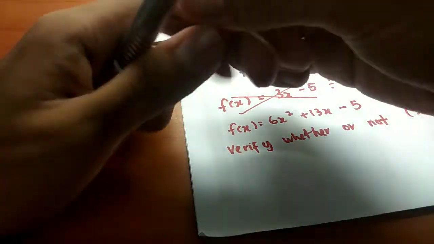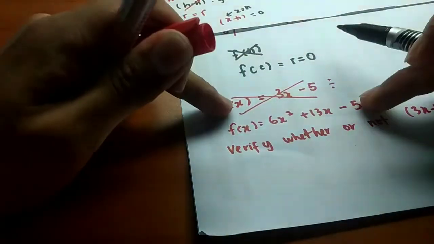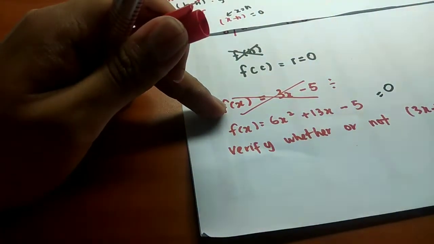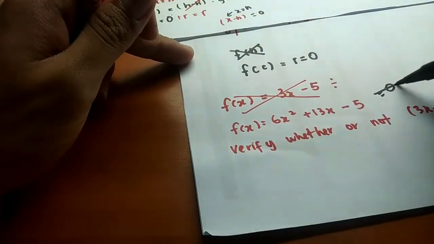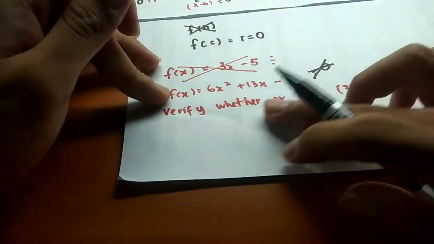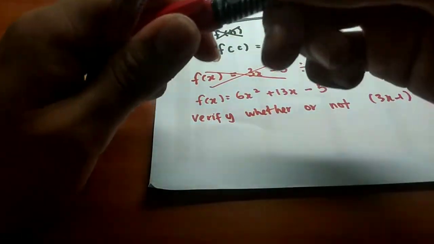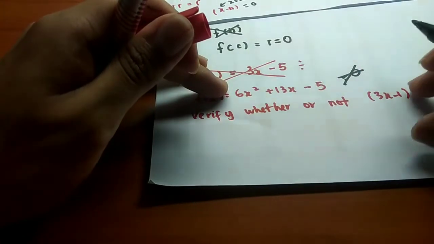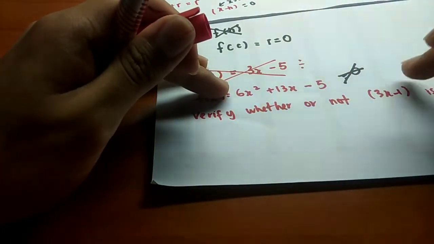So if we find the value of c which results this function to be 0, then it is the factor as our first definition. But we do not know the value of c yet, but here the question asks us to verify whether or not this is the factor. So we assume this is the factor. We assume first. So first of all, we need to find the zeros of this expression.